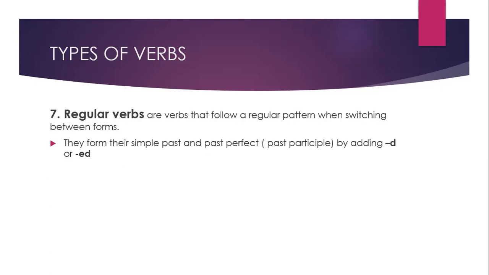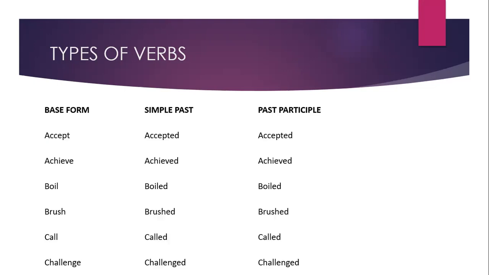We can also think of some verbs as regular verbs. When we refer to a verb as a regular verb, it means that verb follows a regular pattern when switching between forms. These regular verbs typically form their simple past and their past perfect or past participle by adding D or ED. So any verb that forms its simple past and past perfect tense by adding D or ED is said to be a regular verb.